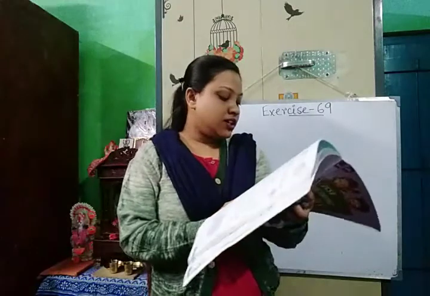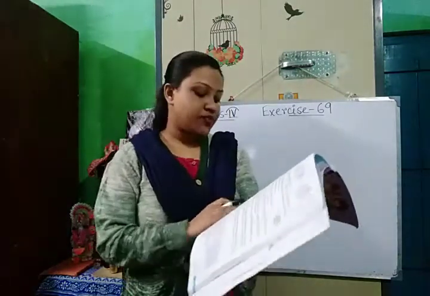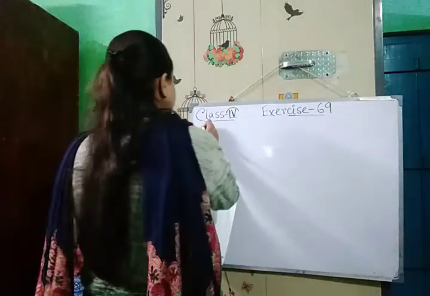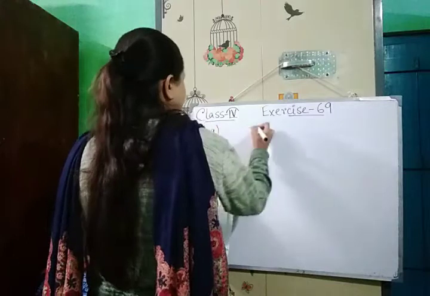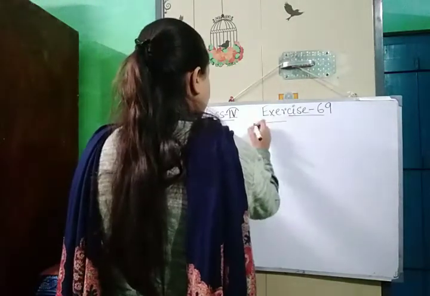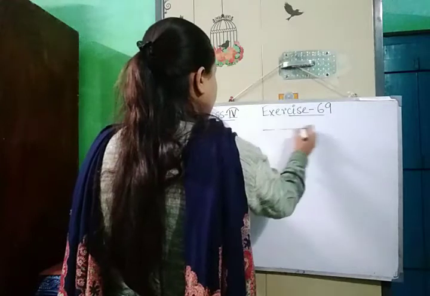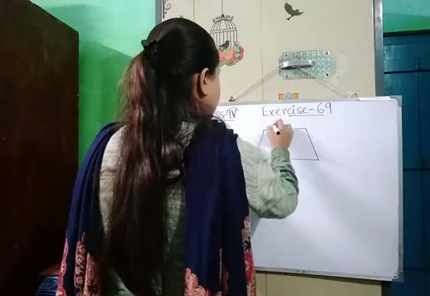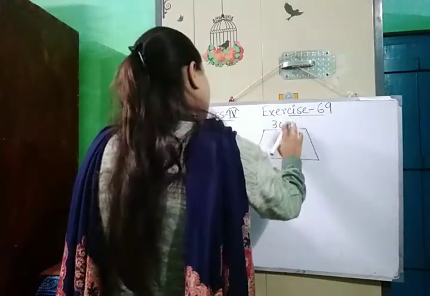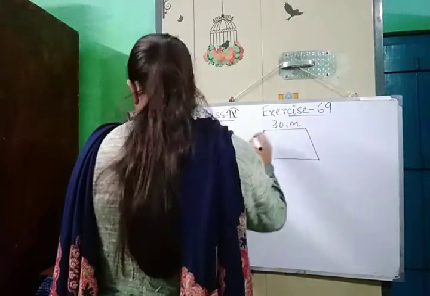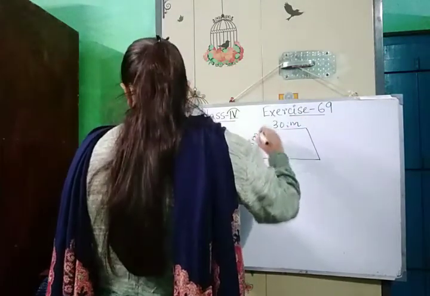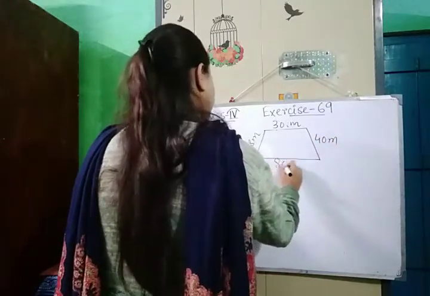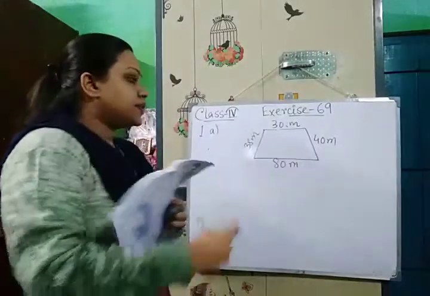First, in question number 1, some figures are given. We have to find their perimeter. So I am doing question number 1's A. This is the given figure.